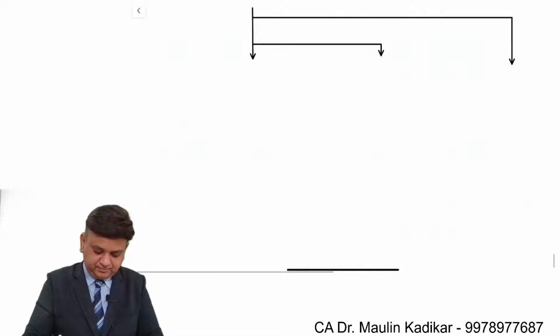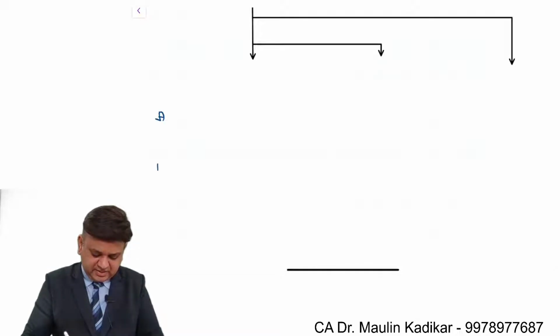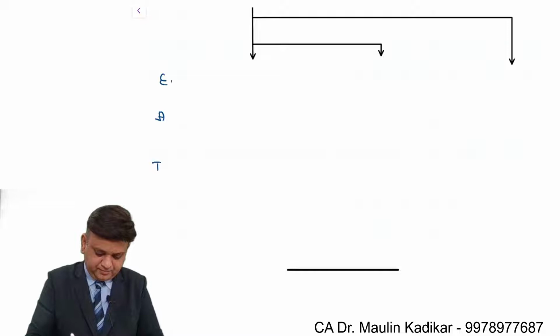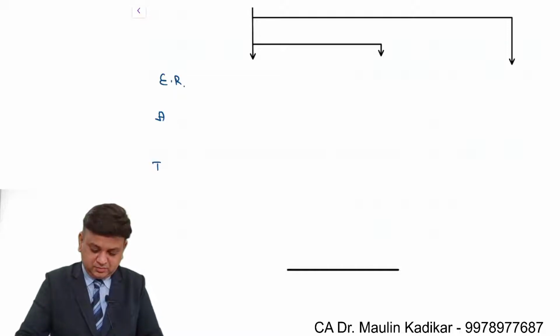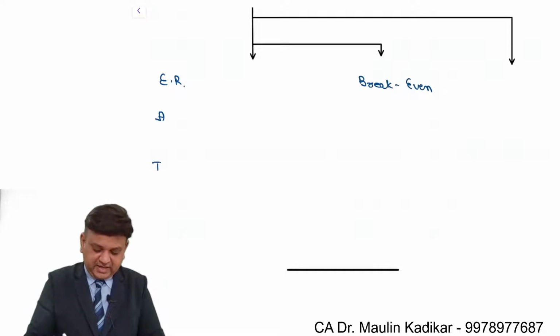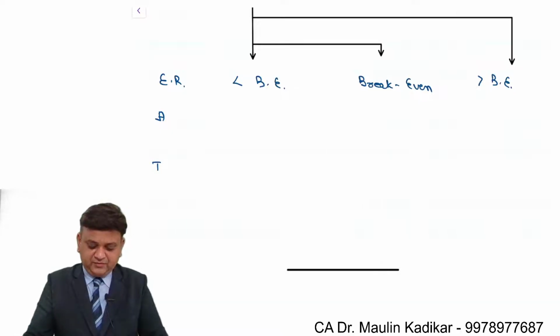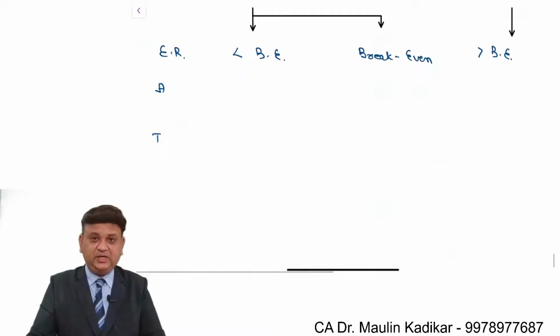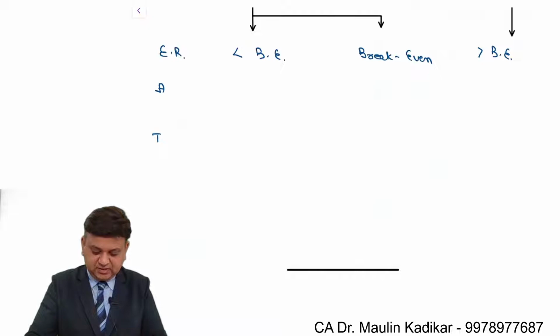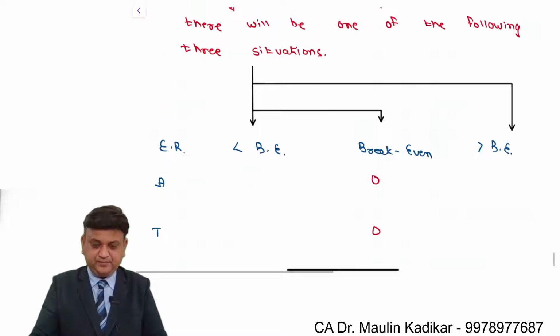It is acquiring company and target company and exchange ratio. Exchange ratio is equal to break even. Exchange ratio is less than break even. And exchange ratio is greater than break even. If the exchange ratio is equal to the break even, then in that case, there will be no profit, no loss in both the situations.